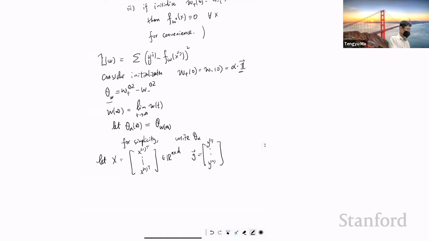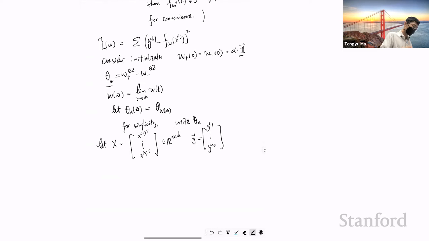Okay, so now here is the theorem that characterizes the implicit regularization. Let me write it down and then interpret.